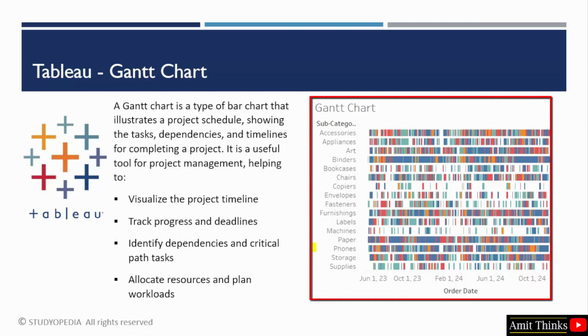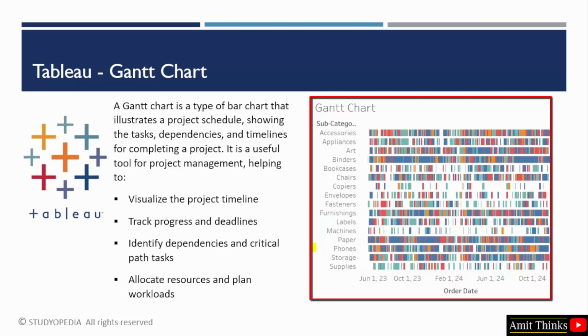Like I have shown on the right, this chart displays order over time for subcategories. Each colored bar indicates an order.